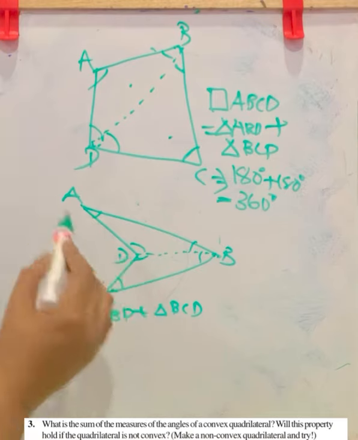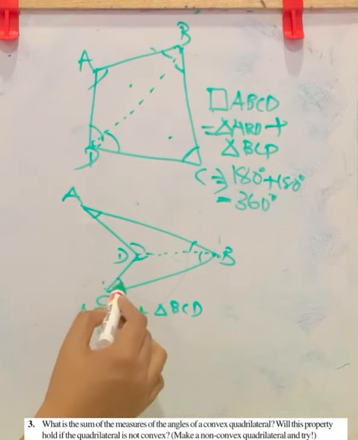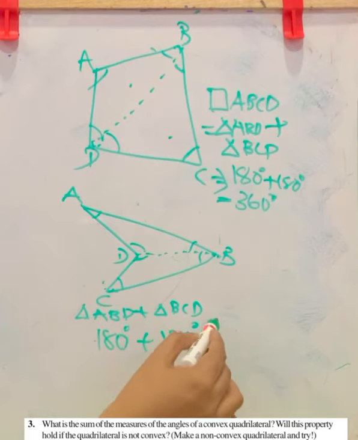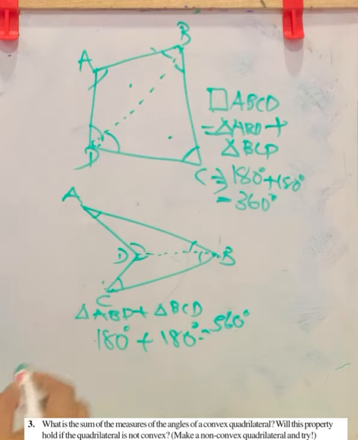Here the angle sum of a triangle is 180 plus the angle sum of BCD is again 180 degrees. So the sum is 360 degrees. Yes, for a concave and a convex quadrilateral, both have angle sum as 360 degrees. That is, a quadrilateral's angle sum is 360 degrees.